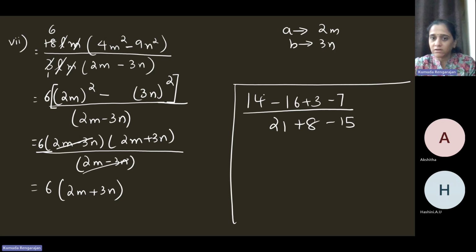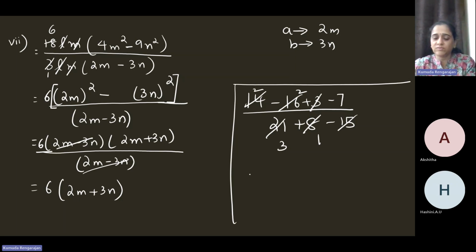Will you cancel? No, you will not cancel when there's plus or minus. You will calculate 14 minus 16 plus 3 minus 7, and 21 plus 8 minus 15, get the answers, and then if possible, simplify.